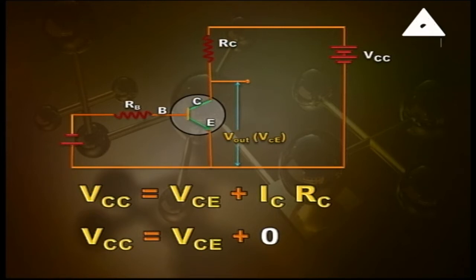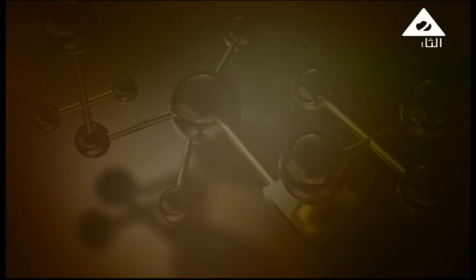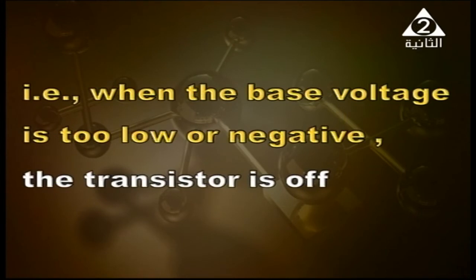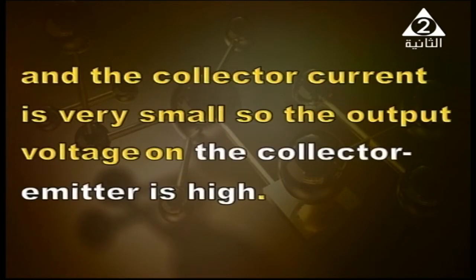So it turns out that V CC equals V CE. That is to say, when the base voltage is too low or negative, the transistor is off, and the collector current is very small, so the output voltage across the collector emitter is high.